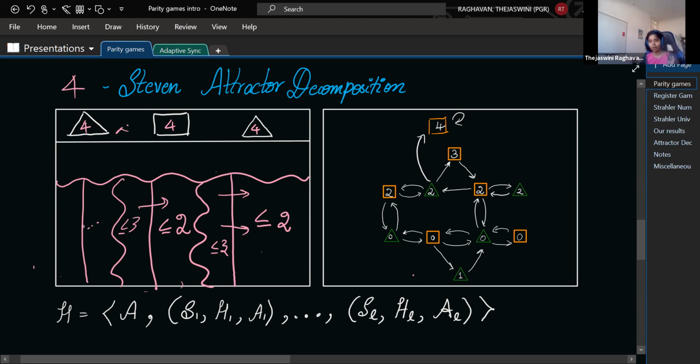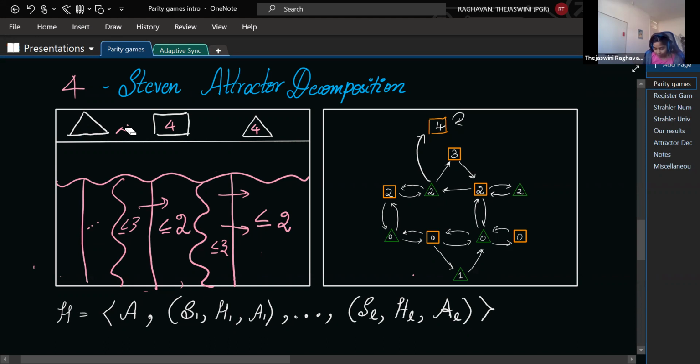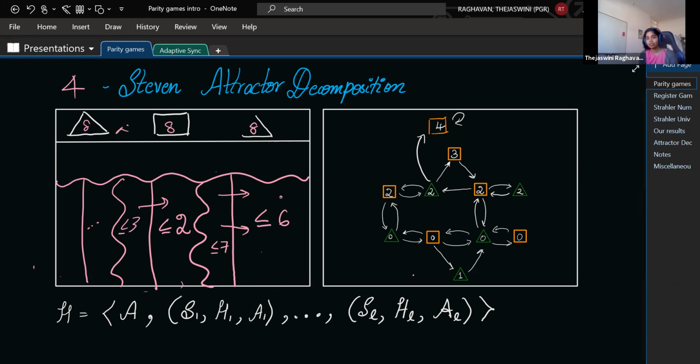This was a small example where we just had 4 and only 2 even priorities. But if you had, let's say, 8 over here, then this would be 6 and this would be 7. And since this is a winning region for Steven with priority less than or equal to 6, it will have its own Steven decomposition. So you'll have a recursive structure in there.